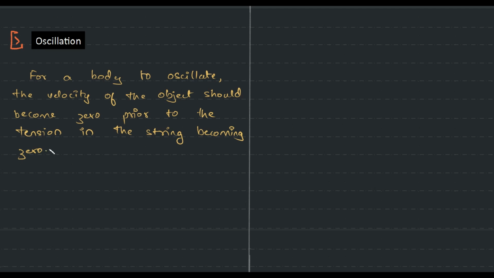Let me put it this way. I don't want the bob to go somewhere over here and just drop. It should not go like this and stop over there, or go like that and drop in this manner.